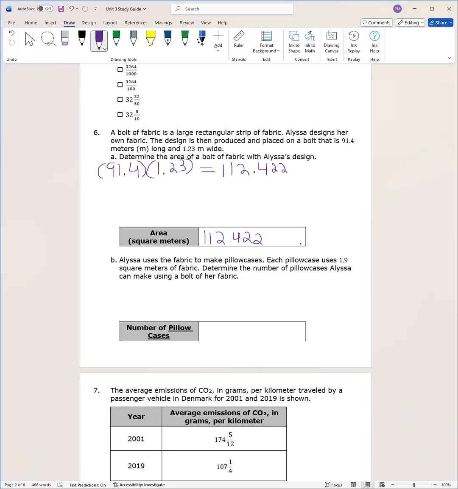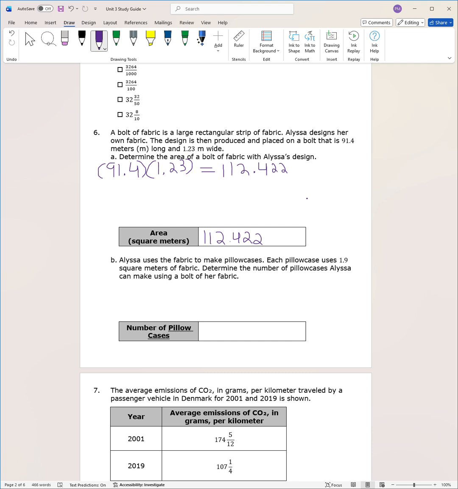Hopefully you were thinking division, because we are going to have to divide to determine our answer. If each pillowcase uses 1.9, we're taking 1.9 from the total of 112.422 each time, but you're going to have to do that multiple times.